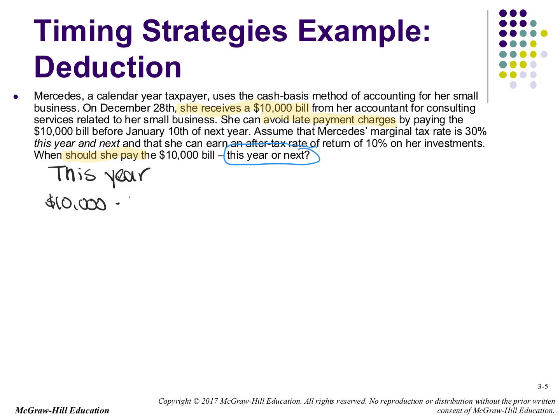So for this year, the tax savings related to this $10,000 bill is $3,000. So $3,000 tax savings.